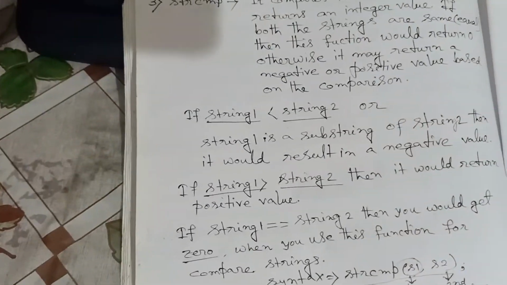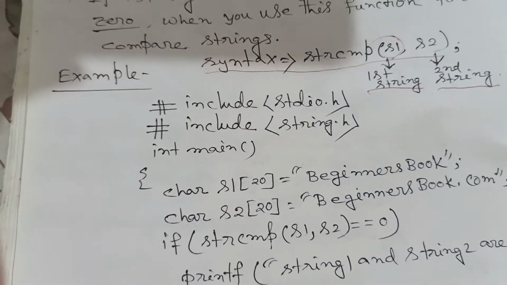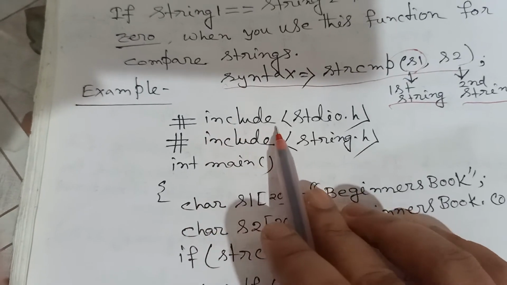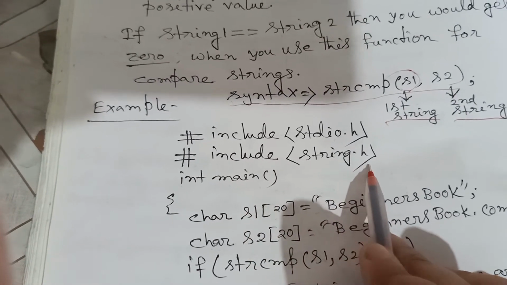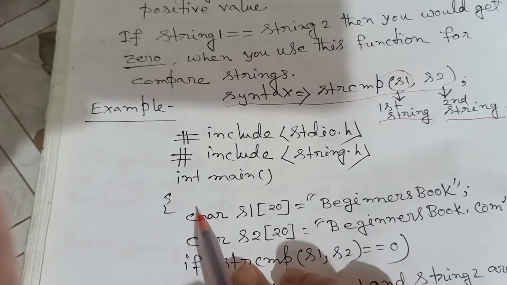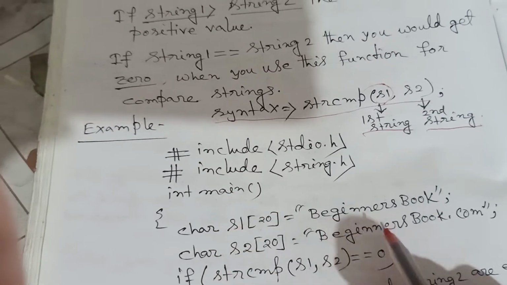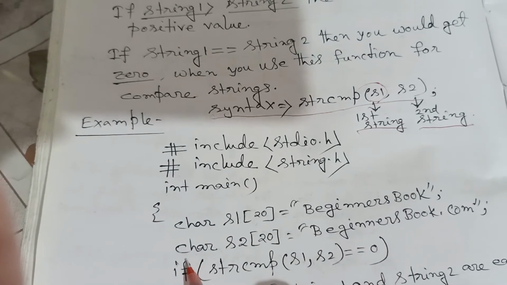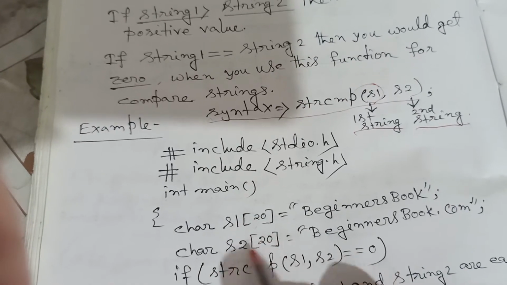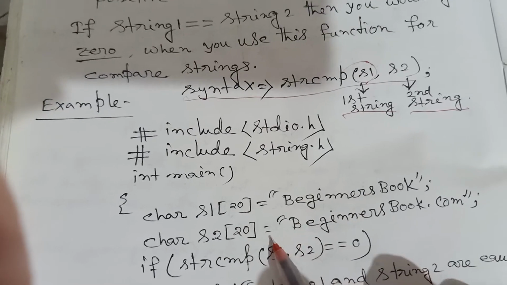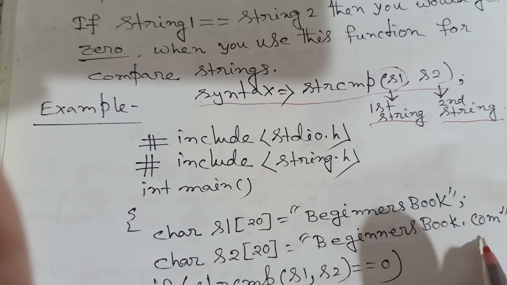So what would be the syntax of strcmp? Write strcmp within first bracket s1 and comma s2. Here s1 is the first string name and s2 is the second string name. So let's take an example. As we all know, write #include stdio.h, then #include string.h for string library functions. int main, start the main function, then declare the first string char s1 within square brackets the size, equal to "beginnersbook" as the string, then the next declaration for string 2, that is char s2 within square brackets the size, equal to "beginnersbook.com" as the second string.